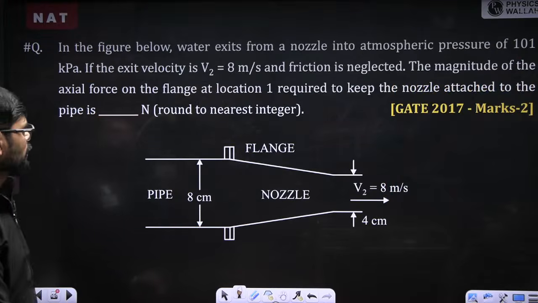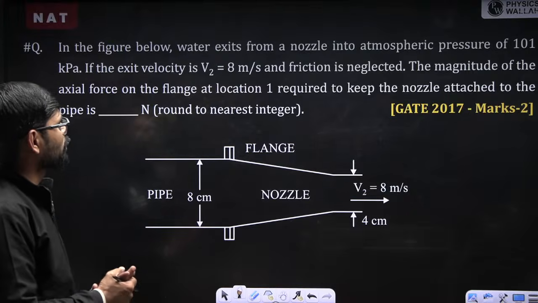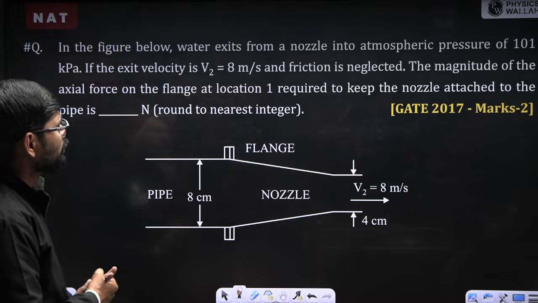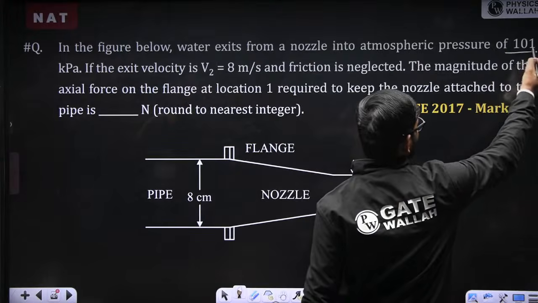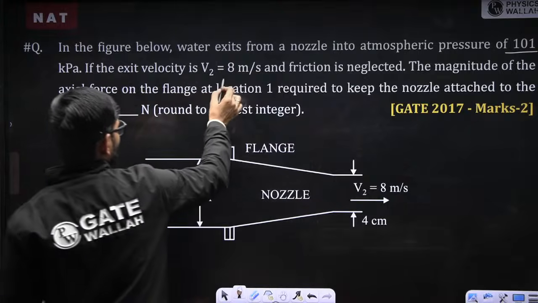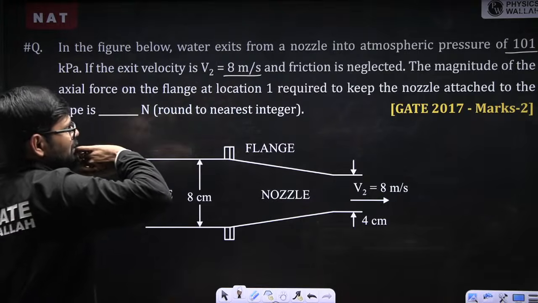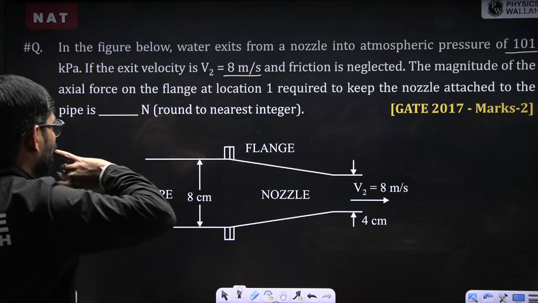Okay, solve this problem. In the figure below, water exits from the nozzle into atmosphere. So the final pressure P2 value is atmospheric pressure, and exit velocity is also given, 8 meter per second, and neglect the friction. Find the magnitude of axial force.